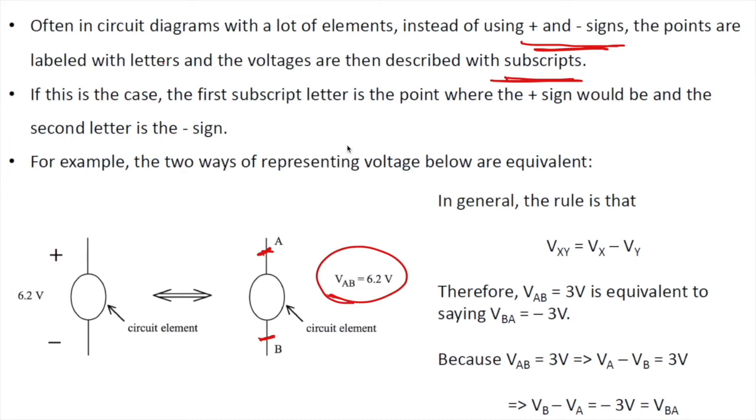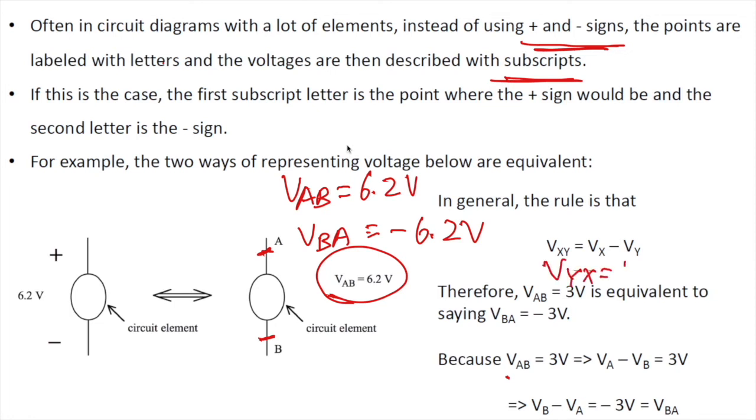And be careful: what is VBA? It should be negative 6.2 volts, right? So VXY equals VX minus VY, and VYX equals VY minus VX.